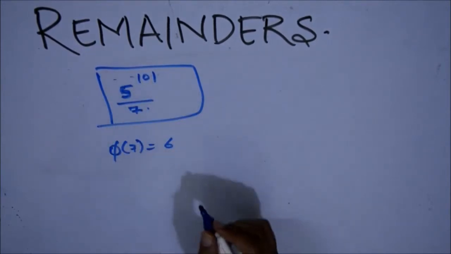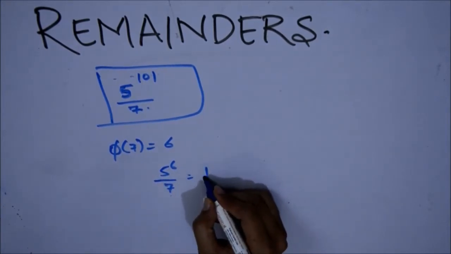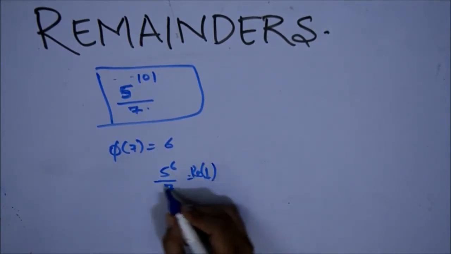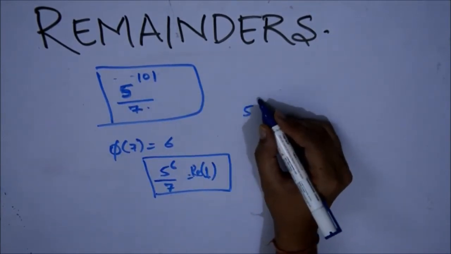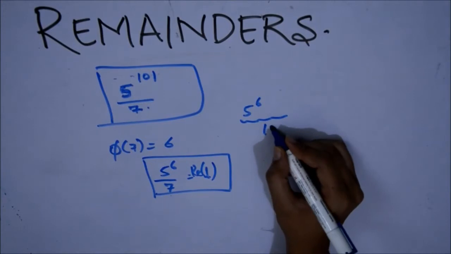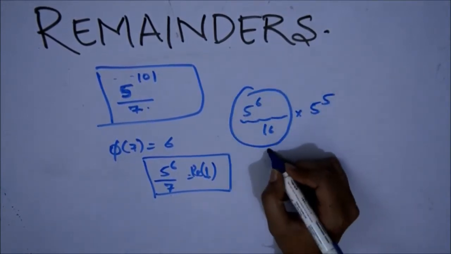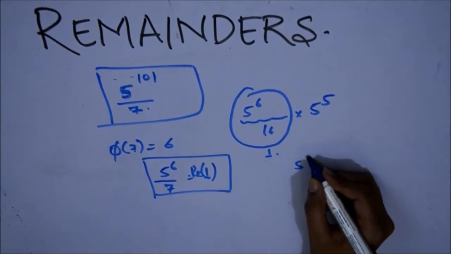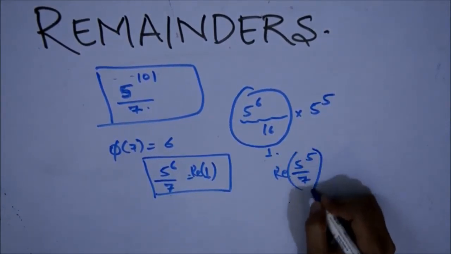Since 5 and 7 are co-prime to each other, 5 to the power 6 when divided by 7 will give you a remainder of 1, right? So we can rewrite this as 5 to the power 6, 16 times, and 5 to the power 5. All these will give a remainder of 1, so we only have to calculate the remainder of 5 to the power 5 by 7.